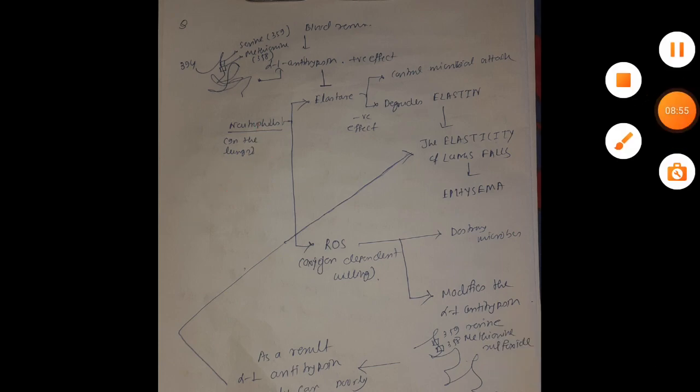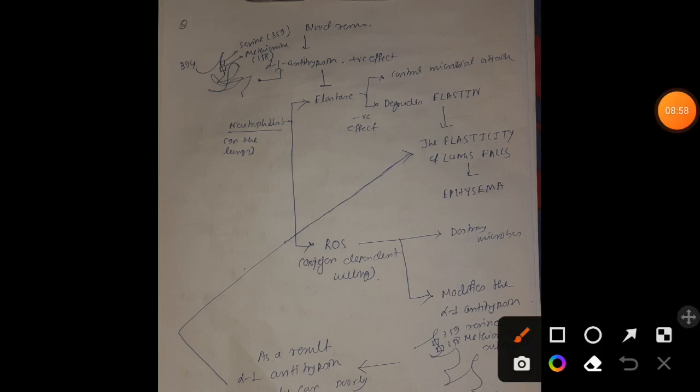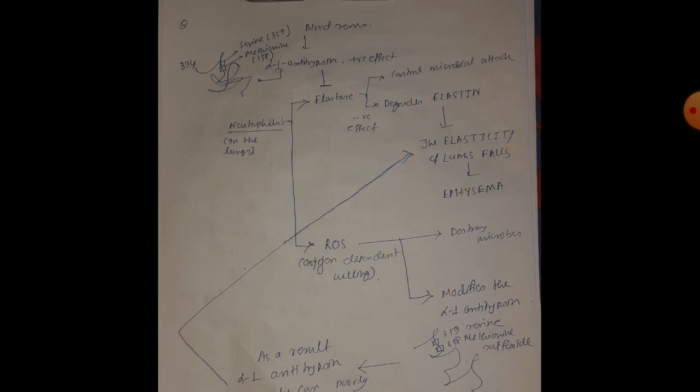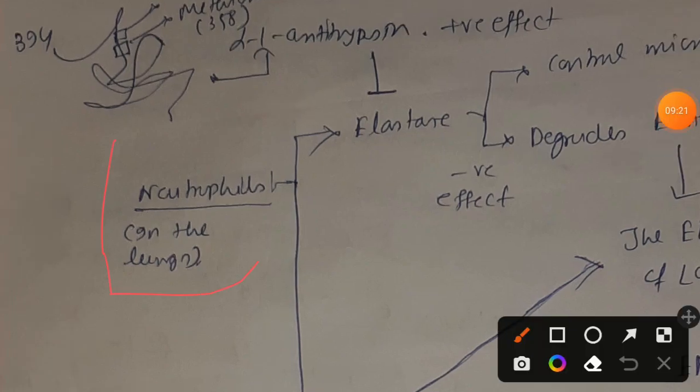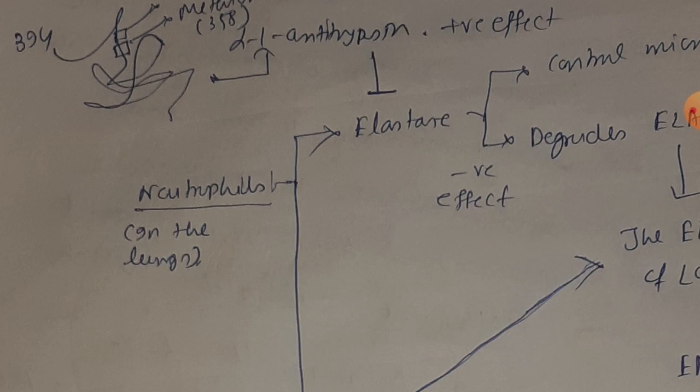Now the body knows the situation, okay, and that is why it has activated leukocyte and lymphocyte movement there, okay. So during that procedure neutrophil, that is the main culprit here, also enters inside the lungs, and it will create a protein called elastase.